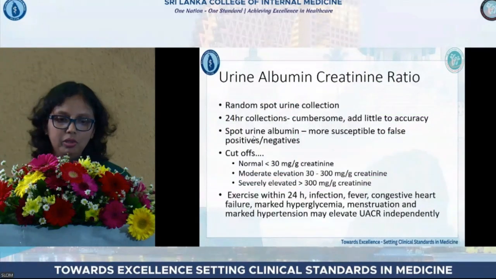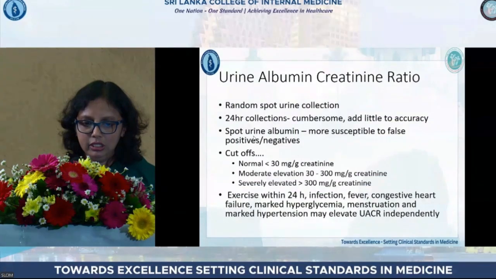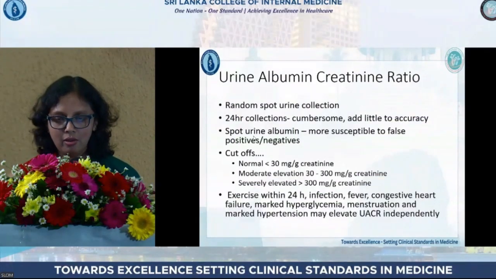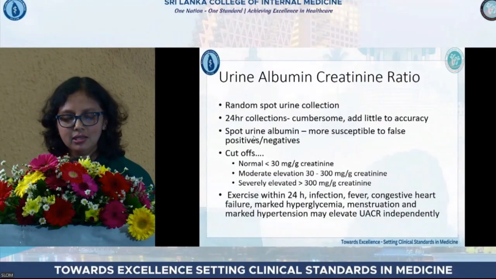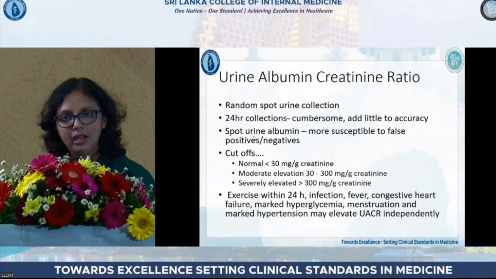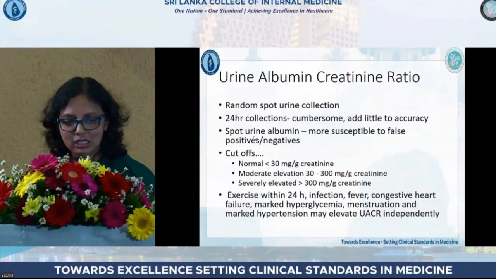So I'd like to talk a bit about the urine albumin creatinine ratio. So this is basically a random spot urine sample, and it has replaced really the 24-hour collections that we used to do in the older days, because that was very cumbersome and it really adds little to the spot UACR. So that is really now gone out of favor. Unfortunately, we don't have this freely available to us in the government sector.